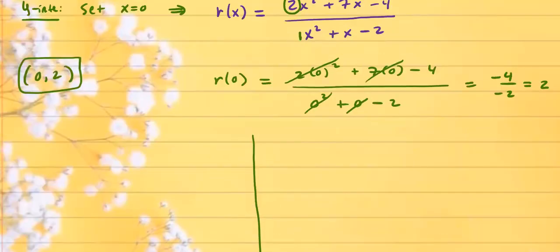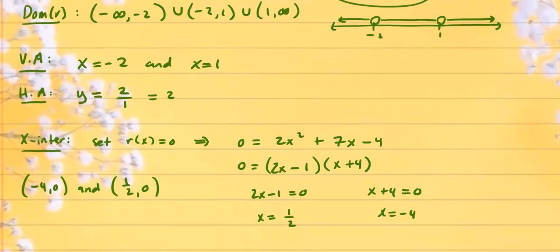And we have vertical asymptotes. These are vertical dotted lines at -2 and 1. So let's suppose this is -2. This will be the vertical asymptote. You indicate them by drawing a dotted line.